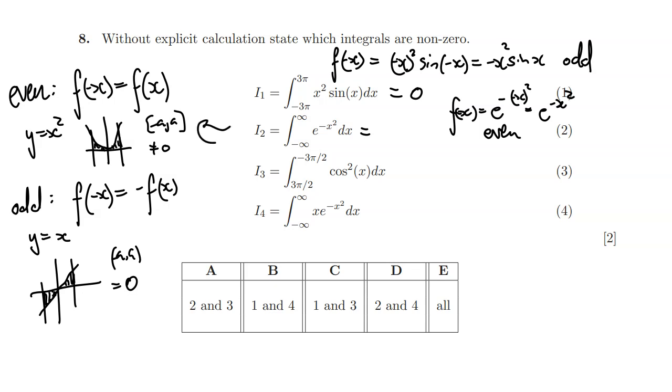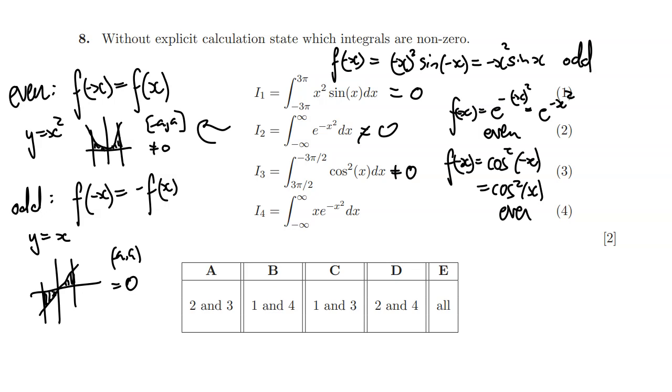And by the logic we've said over here, this isn't 0, because you get two equal areas on each side. What about this one? f of minus x equals cos squared of minus x, which does indeed equal cos squared x. So again, this is even and not equal to 0.